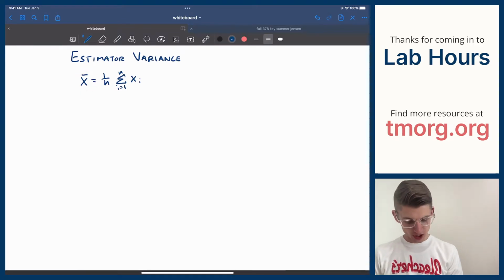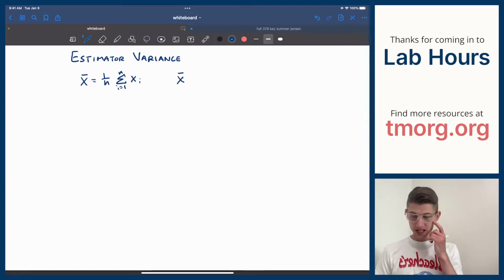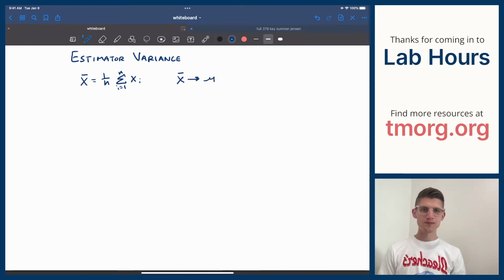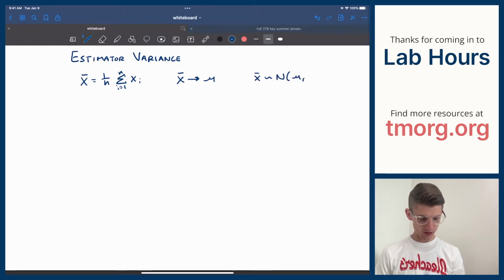And you remember that we showed that x bar is a pretty decent estimator for mu, or a population parameter average, right? X bar estimates mu. But you'll also recall that x bar had some variance in it. X bar was distributed normally with a variance of sigma squared over n.